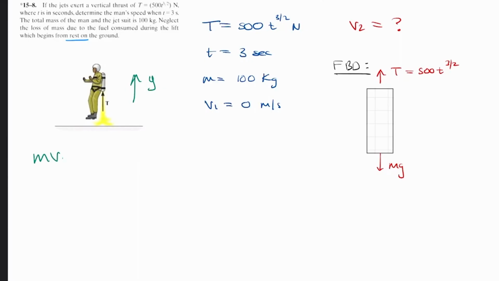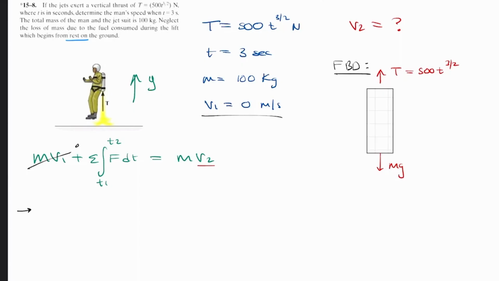So m v1 plus the integral, or the sum of the forces integrated, from t1 to t2, equals mass times v2. So of course, we're still looking for v2. And we have to write things here.